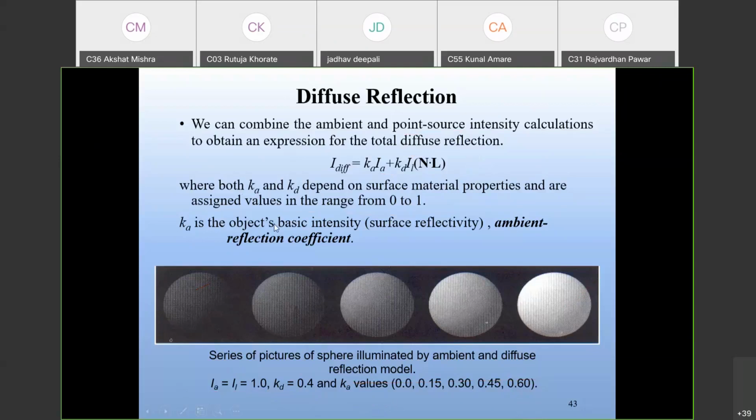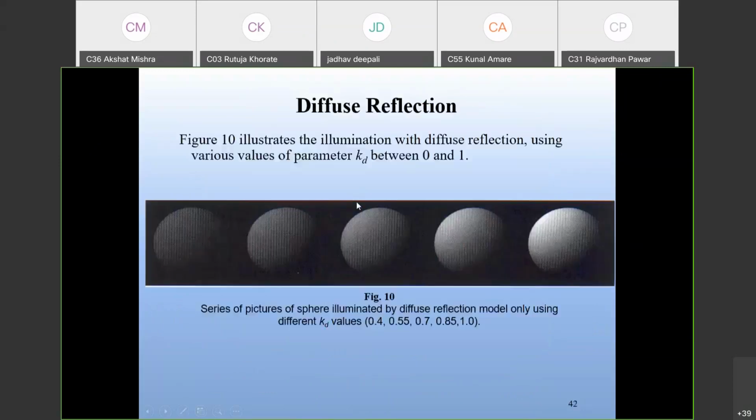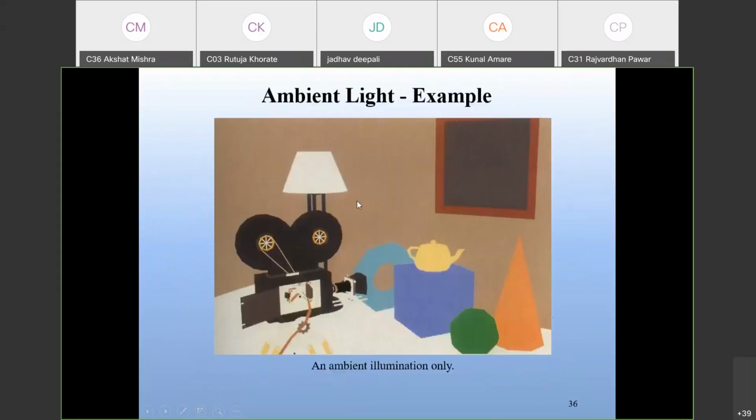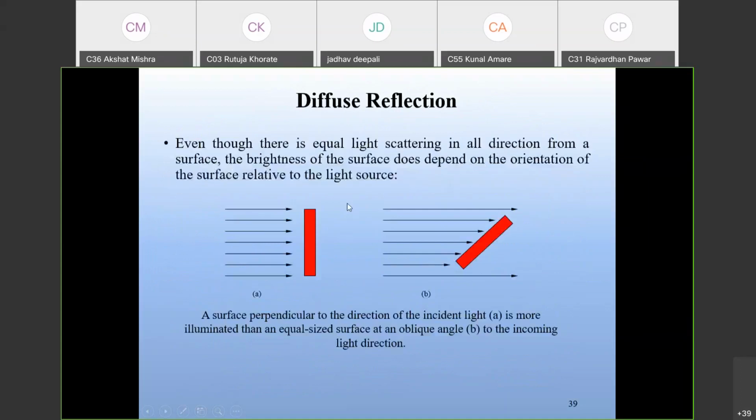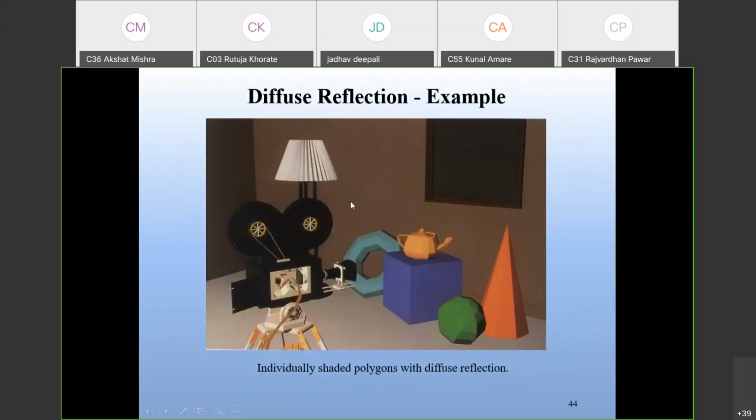That is diffuse reflection. Here it is shown. You can observe the difference between these two: this scene with ambient light illumination, and this with diffuse reflection illumination. Why? Because here the intensity is more.